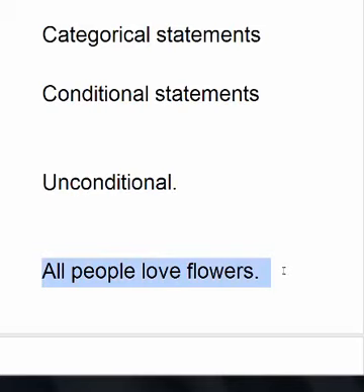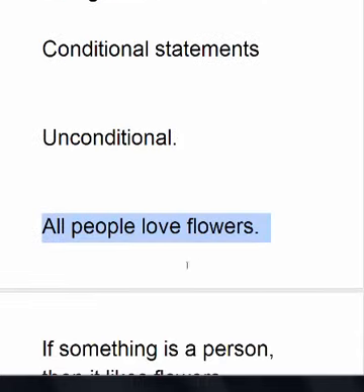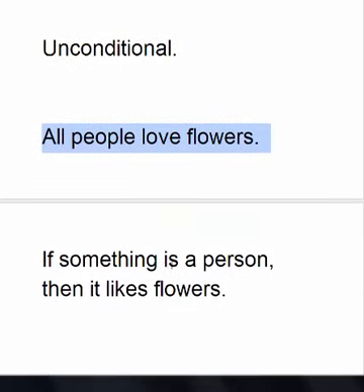It's a categorical statement. There's no conditions put on that. It's just a straightforward statement about people, and it assigns a certain characteristic to all people, that they love flowers. I think that some people love flowers is also a categorical statement, and I think that that's true. It's just a straightforward statement assigning a certain characteristic to a certain class.